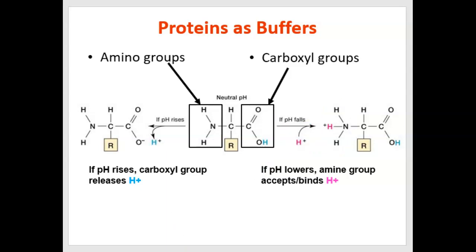If instead the pH rises, and so in that case, we have fewer hydrogen ions around, this carboxyl group can release the hydrogen ion, and that will lower the pH of the fluid. So the carboxyl group acts as the weak acid.